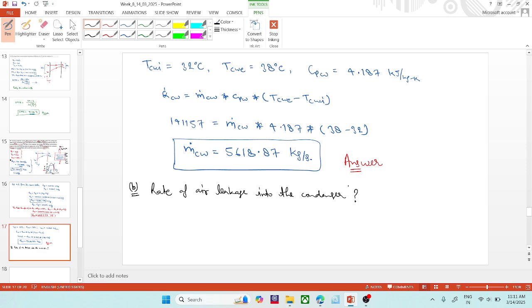So for that, first we have to determine the total condenser volume flow rate.